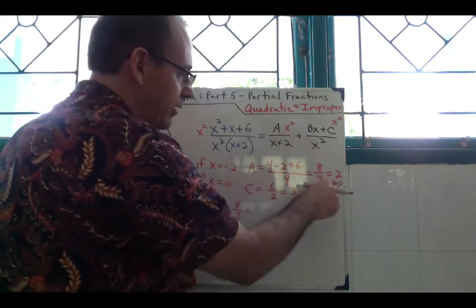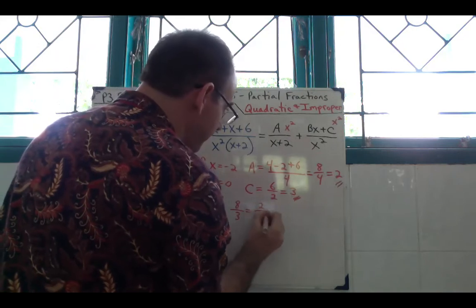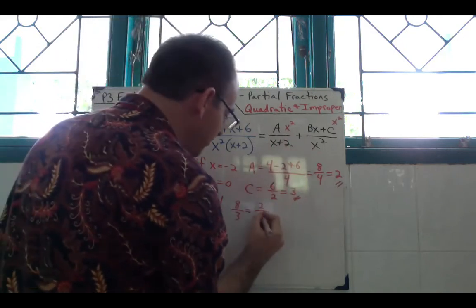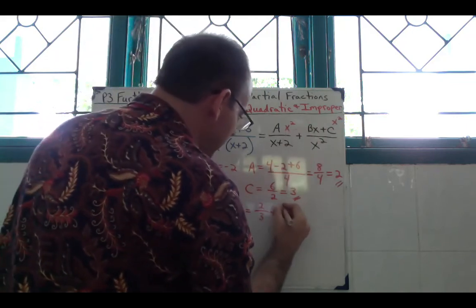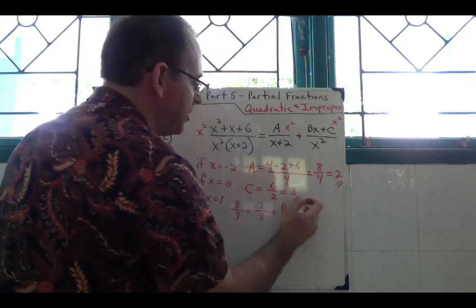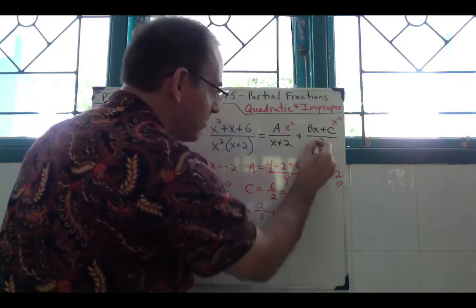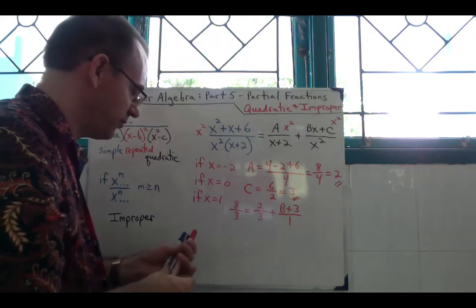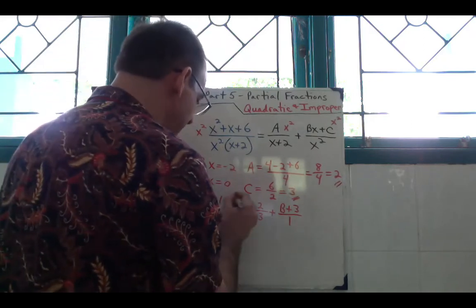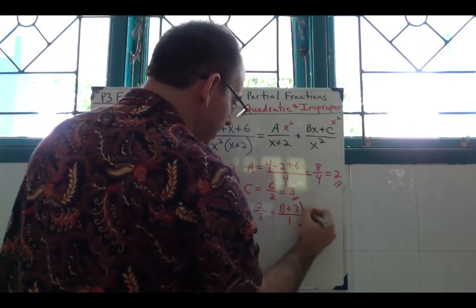Now we have A, we already know that one, 2, and 1 plus 2 is 3, plus, plug in a 1, we get B, we already know C, and we get a 1 squared, which is 1. So now what we want to do is get rid of our fractions, multiply by 3.